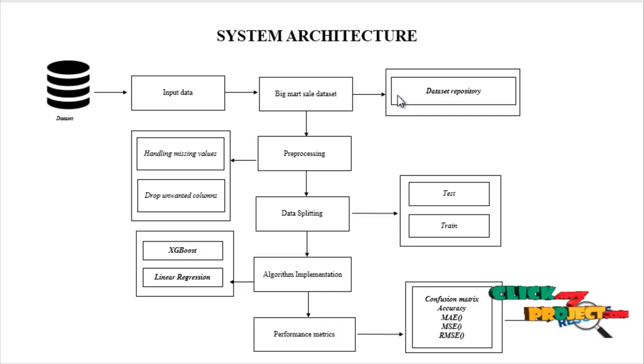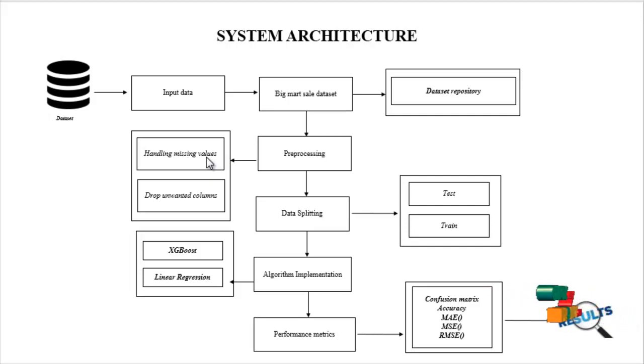Pre-processing means here we pre-process our data set in two steps. First one is handling missing values. Second one is dropping unwanted columns. Handling missing values means some values are missing from our data set, and the machine cannot understand that missing value, so we replace the missing values.